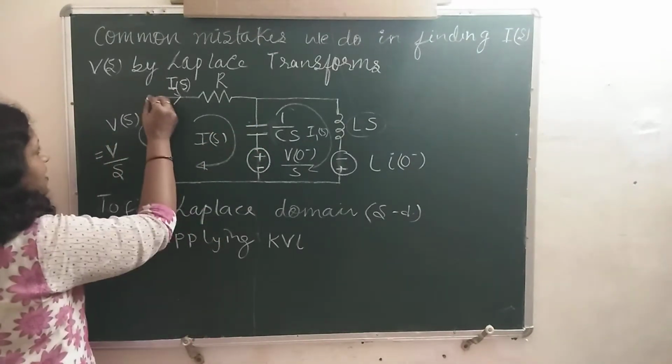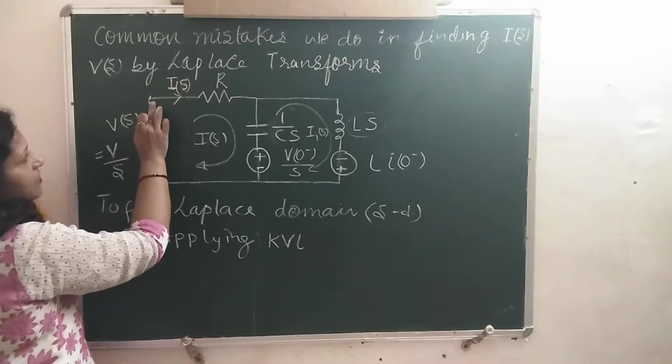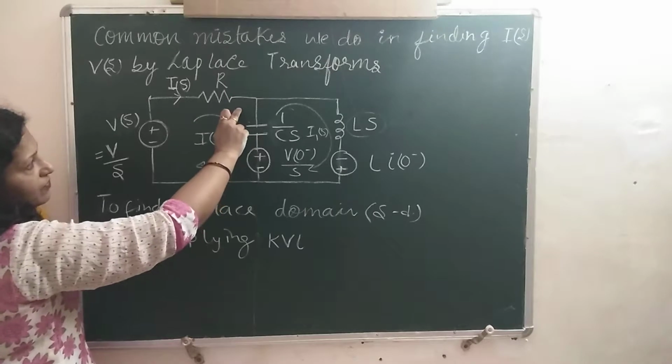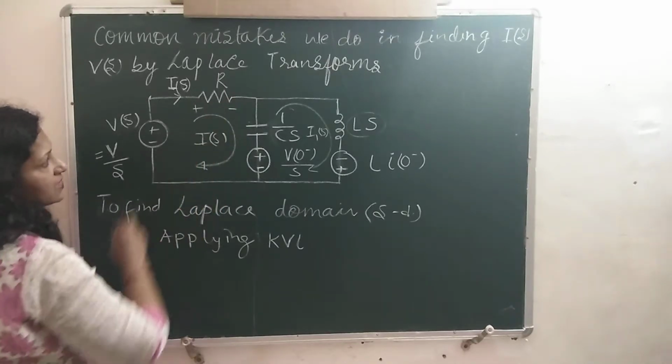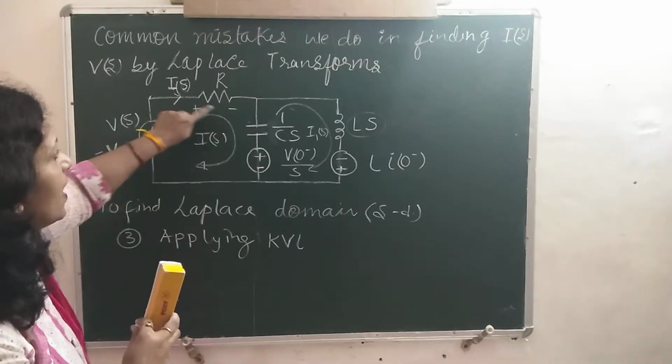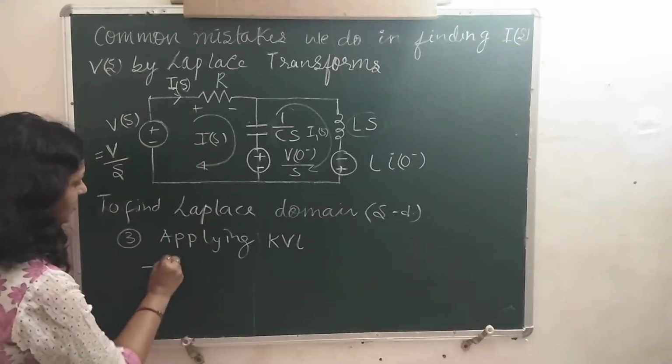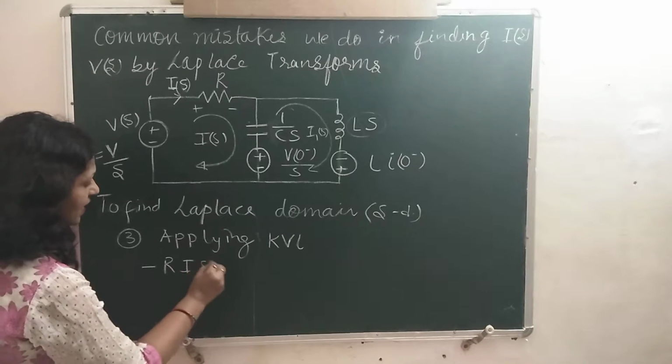So we will start from any point. Suppose we are starting from this point. If we are moving in the direction of current, plus to minus, current always flows from higher to lower voltage, so a minus sign will come. So minus I R into Is.